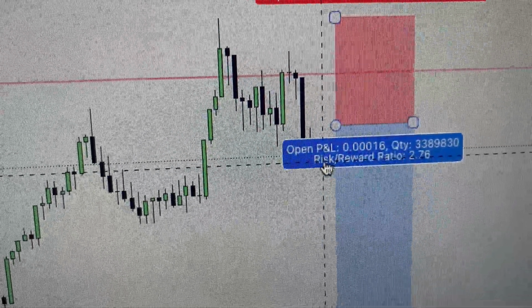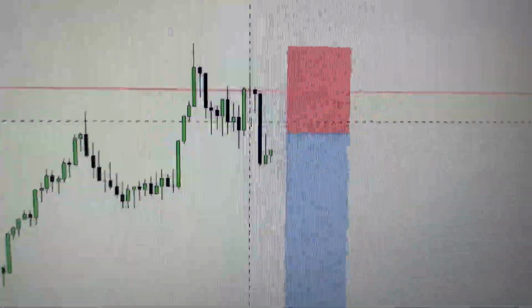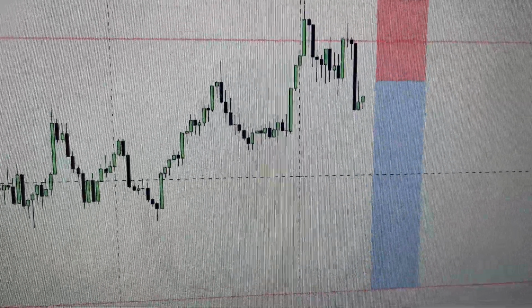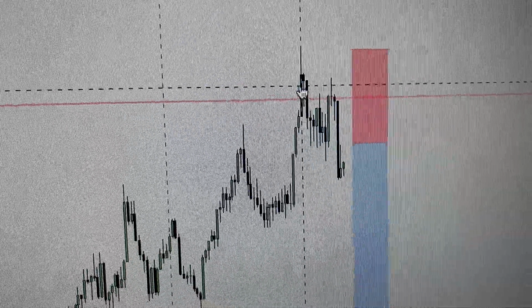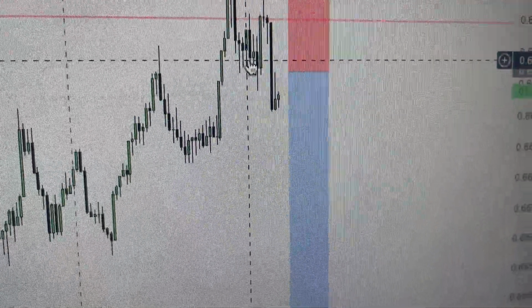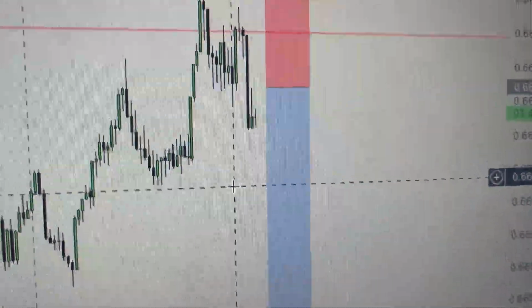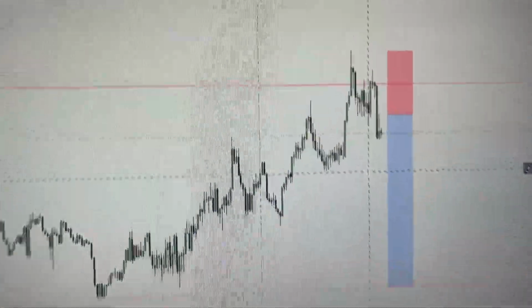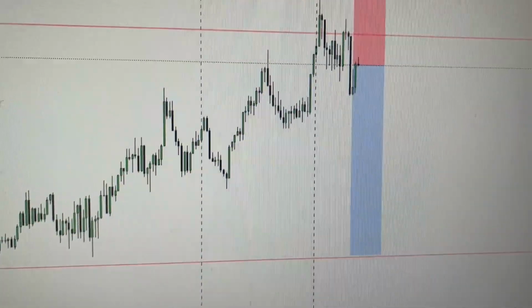I'm just looking for it to trade up and into this imbalance, and then if we get that, I will send out the signal, and the target is these lows, like I said. Stop loss is just above this high. So if it shoots up into that imbalance, then this will be a trade I will send out into the signals group, and I'll show you all of that as well. Hopefully this works out well, and I'll keep you updated as always.